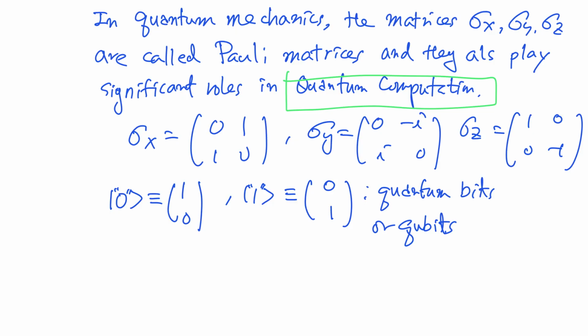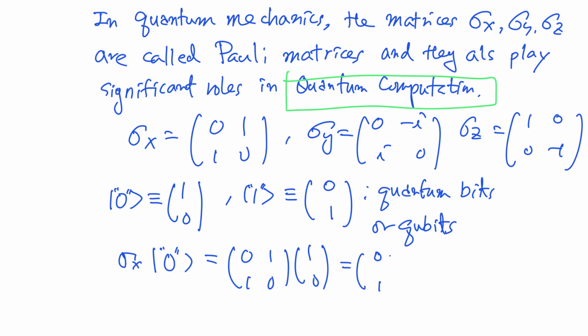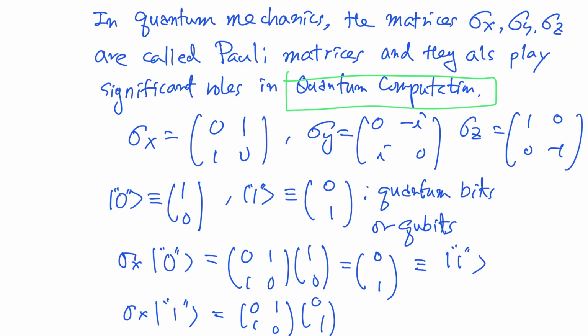Then an interesting property is, if you apply Pauli matrix sigma x, what do you get? 0, 1, 1, 0 times 1, 0. You get 0, 1, right? Which is the 1 vector. Or sigma x on 1 vector, 0, 1, 1, 0 times 0, 1, which is actually 1, 0, right?